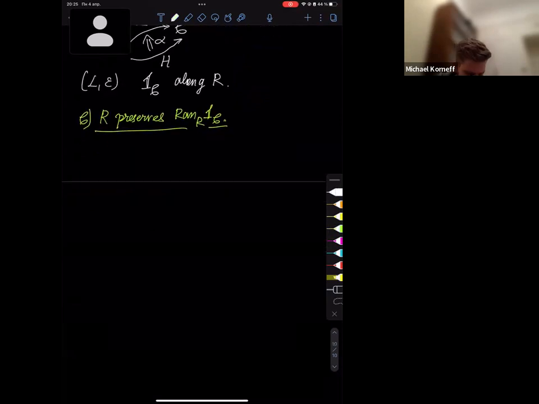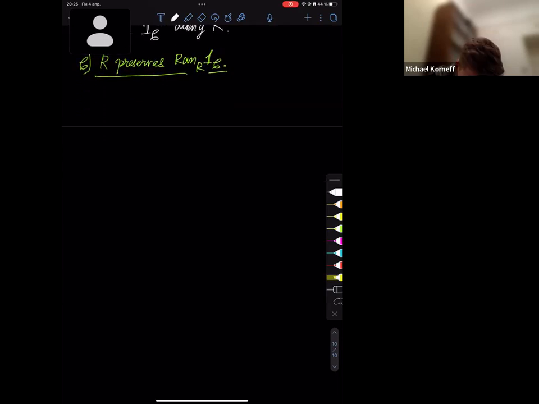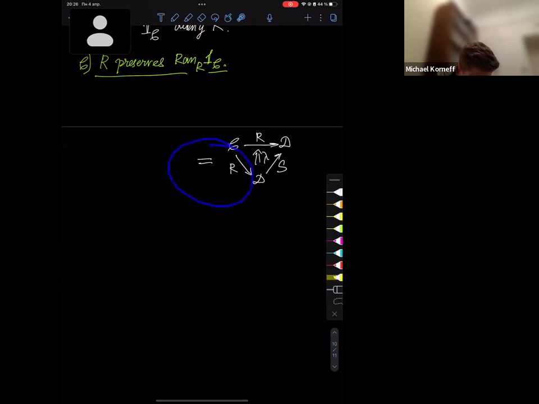It is easy. We can draw this diagram for some natural transformation lambda, and this is the same as the diagram where we add a quadrilateral which consists of trivial two cells.